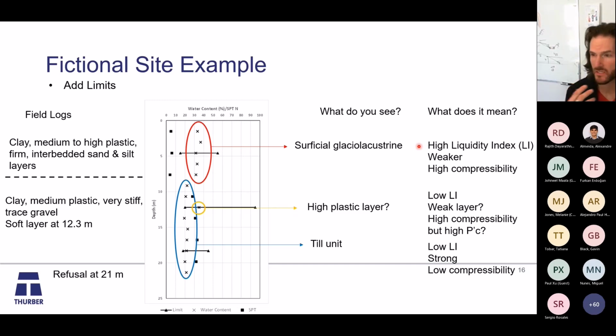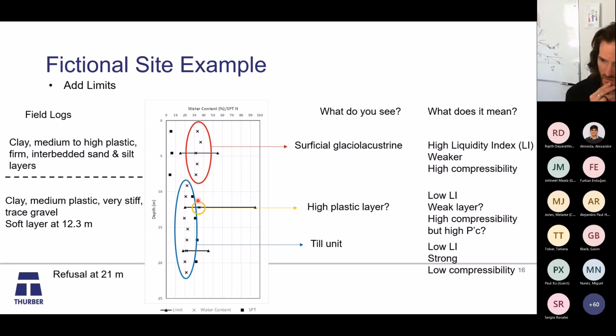So now we're looking at this upper unit. Got a relatively high liquidity index, so that's where the moisture is relative to the plastic limit and the liquid limit. So that suggests this material might be lightly over consolidated. I expect it to be a little more compressible, potentially lower strength. I see that in the SPTs, low blow counts. So I'm thinking a relatively low undrained strength.